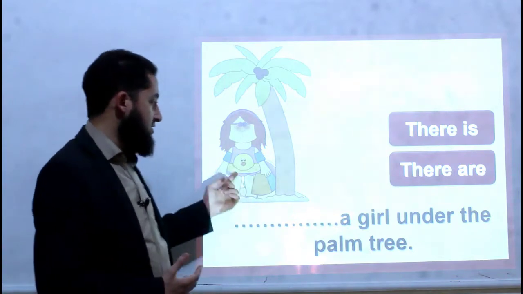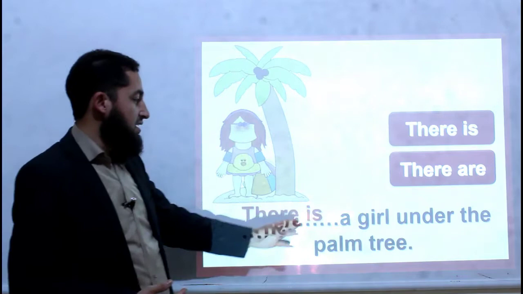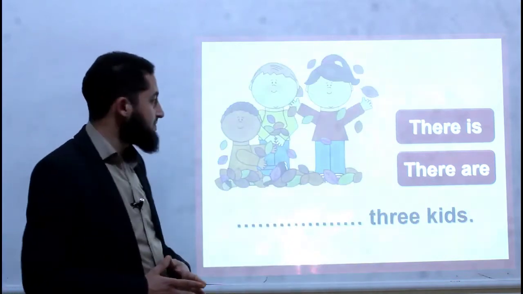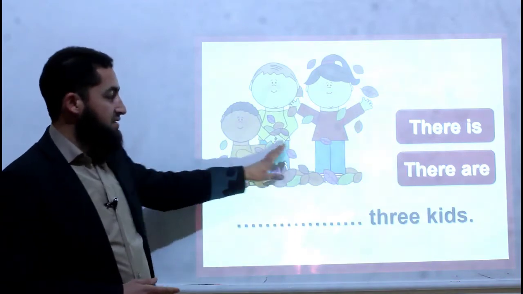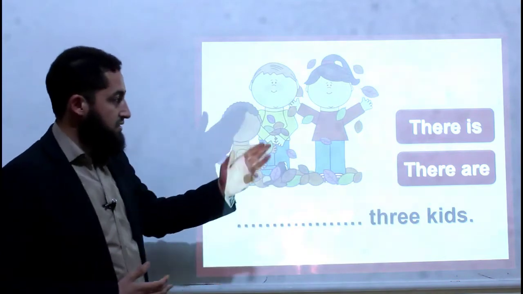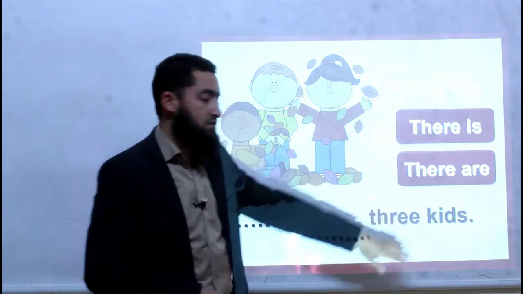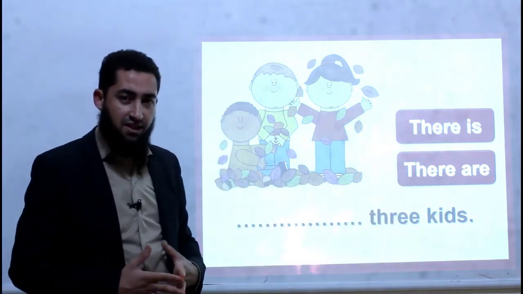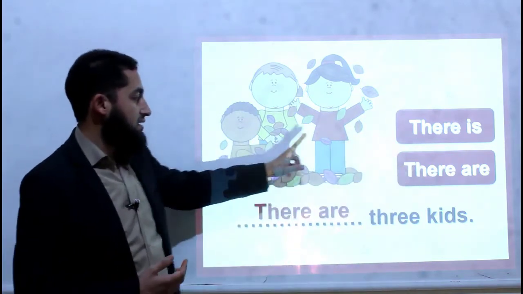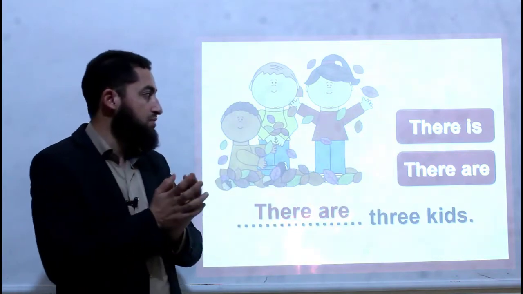So we have one, so we say there is a girl under the palm tree. Next example, we have 3 kids. So what are we going to say? There is 3 kids, or there are 3 kids. So the correct answer is there are 3 kids, because it's plural.